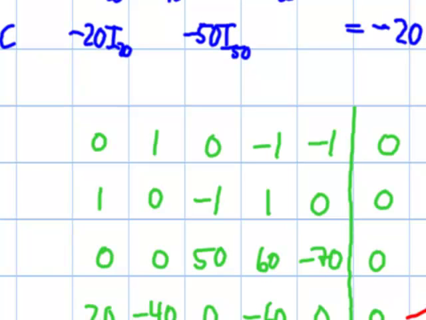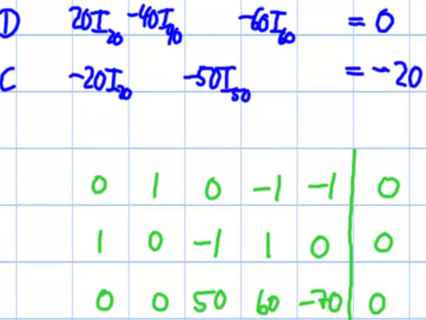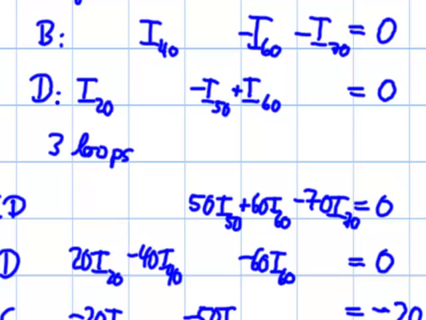This one here is going to give me I equals so many amps, and from that I'm going to get that voltage equals I60 times 60 ohms, and that equals, well, the negative 0.94 volts, and that negative then tells me that this one here actually needs to be turned around.